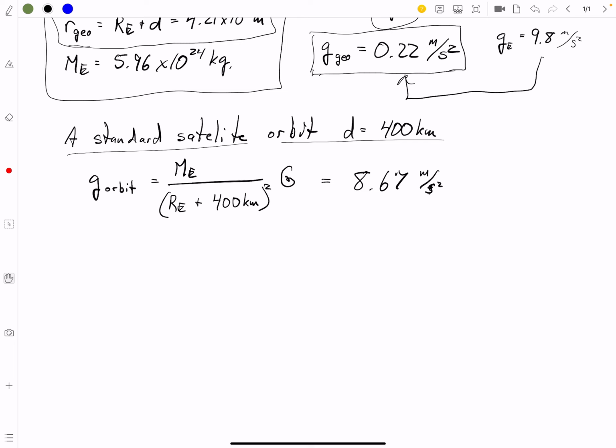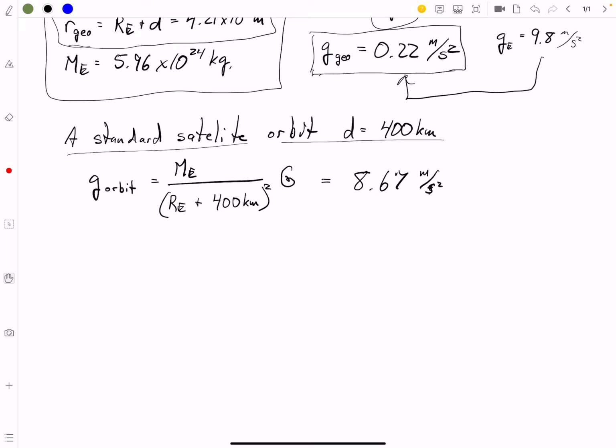So what is our next question? A writer wrote in with the question, what is R for geosynchronous orbit? Didn't we already figure out what R is?